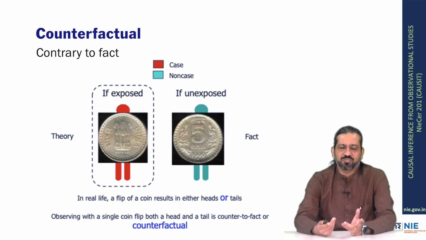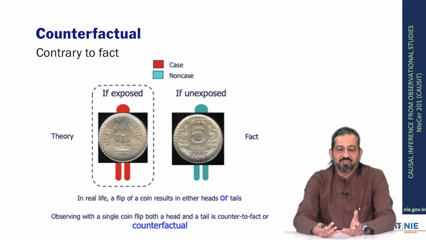Which is, to be able to see this together, counter to fact. And why we need to see this together is going back to our definition of a cause, where we say that a cause is defined as an antecedent event that is necessary for the occurrence of the disease at the moment it occurred, with other conditions being fixed.